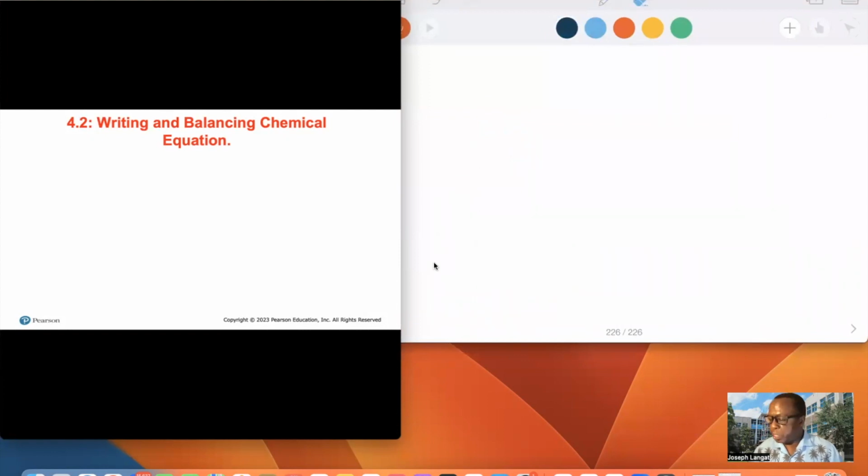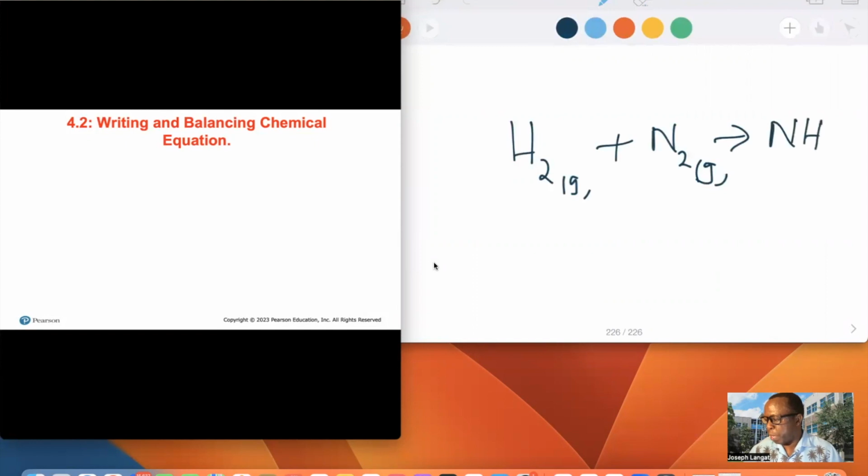So a chemical reaction is represented by a chemical equation. For example, here is the reaction between hydrogen gas and nitrogen gas to form ammonia.